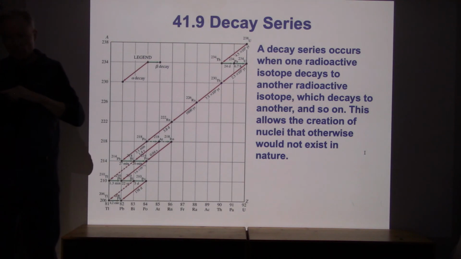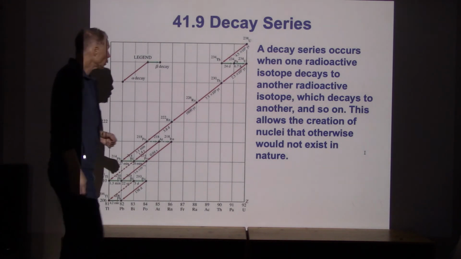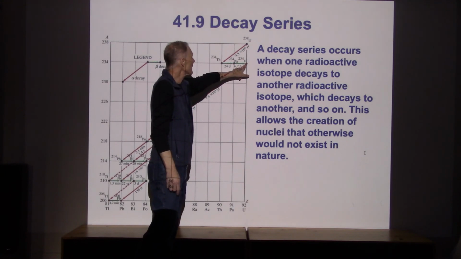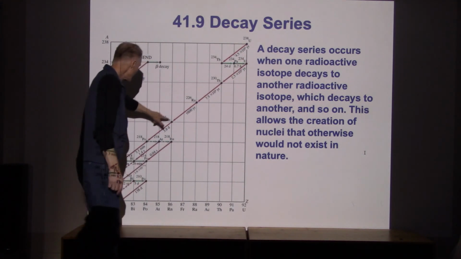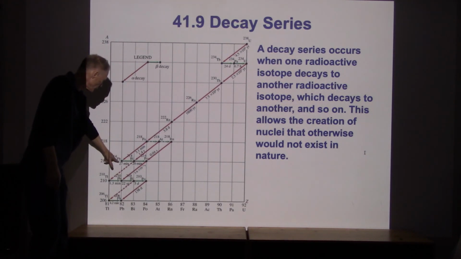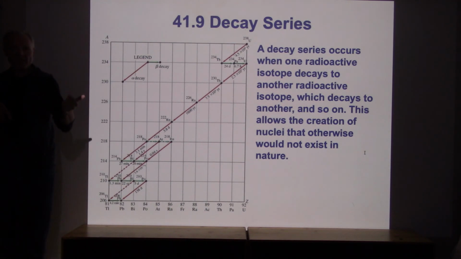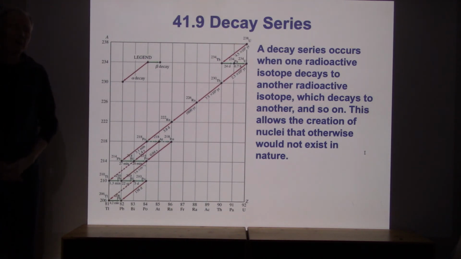You need to take some of those extra neutrons and turn them into protons to make things more stable. So we can see that alpha decays, and then we have a couple of beta decays to get rid of some excess neutrons, and then we go through a series of alpha decays. We get much, much shorter, but we do a couple of beta decays to get rid of the excess neutrons, and so it's kind of a back and forth.